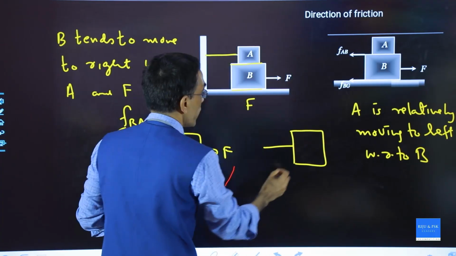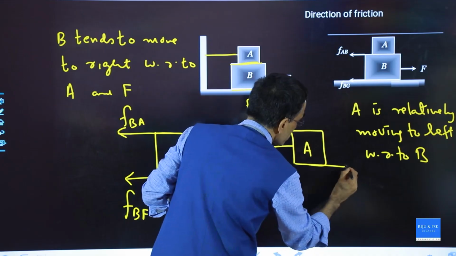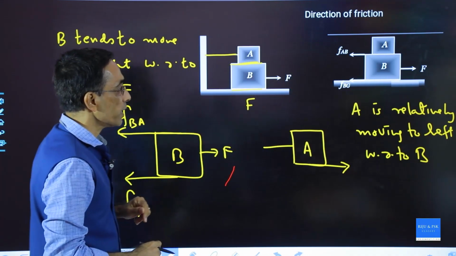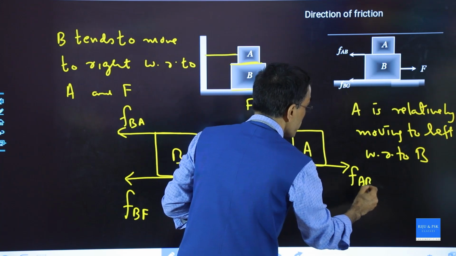So friction on A should act here. In which direction? In this direction. Friction should act in that direction. And what is that friction called? This is a friction on A due to B.